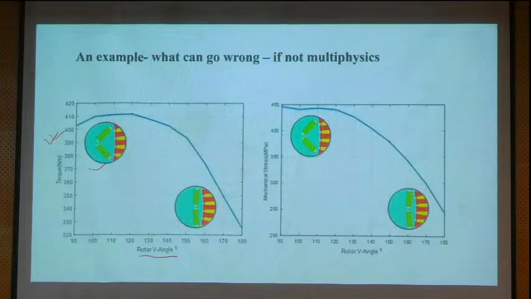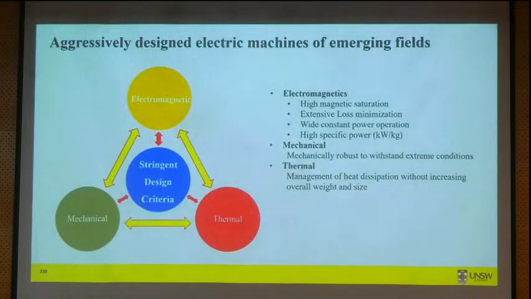However, in recent time, they are proposing why not include even mechanical and thermal during the optimization. Okay, we do electromagnetic optimization, but why not include also thermal and mechanical? Okay, and if we do include it, then it becomes the multiphysics.